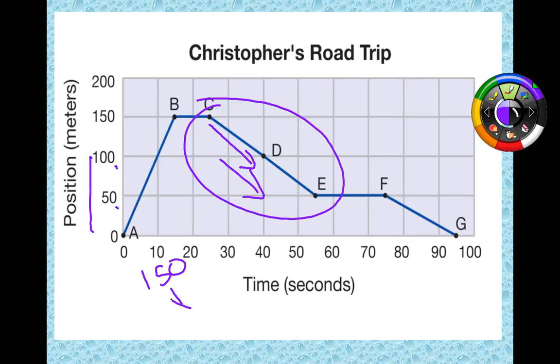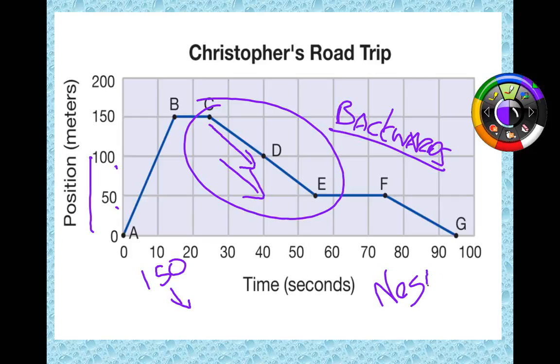What does that mean if you walk forward to 150 meters and then you go backwards 150 meters? That is what we call negative. So Christopher looks like he was going backwards. Either he was going backwards or he was going in a negative direction.